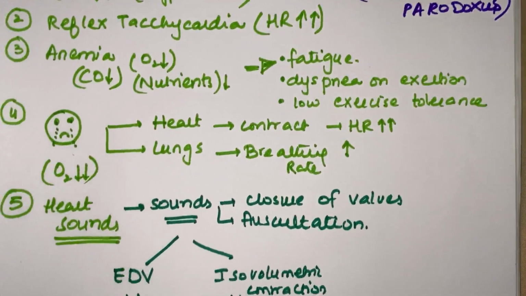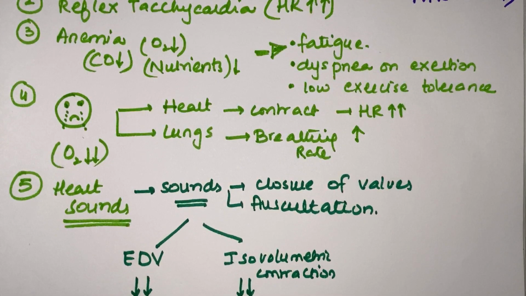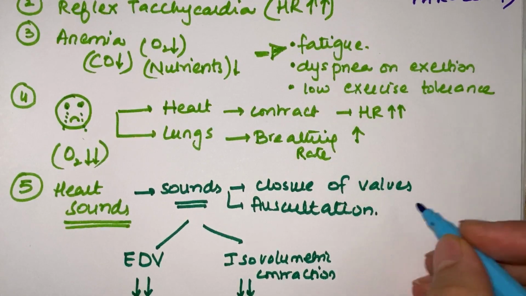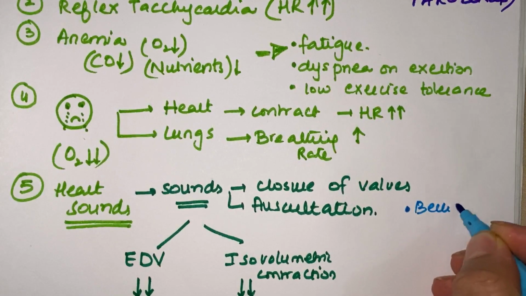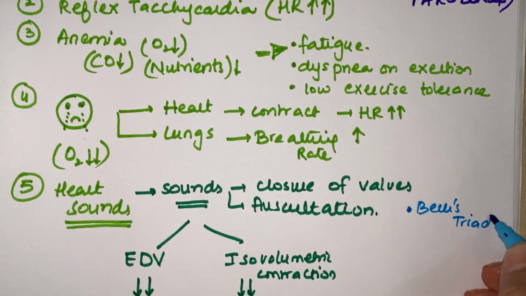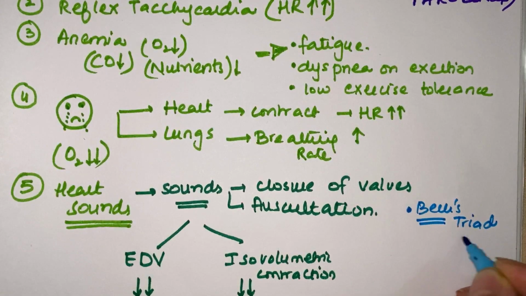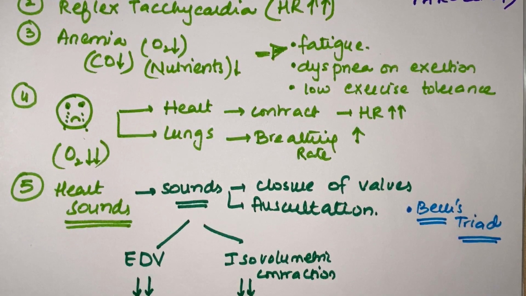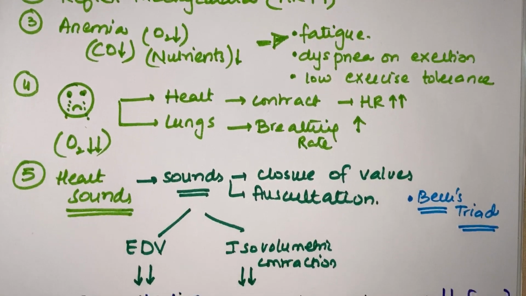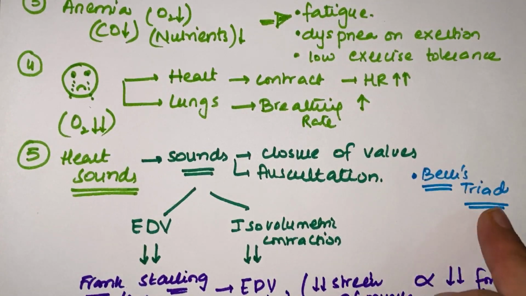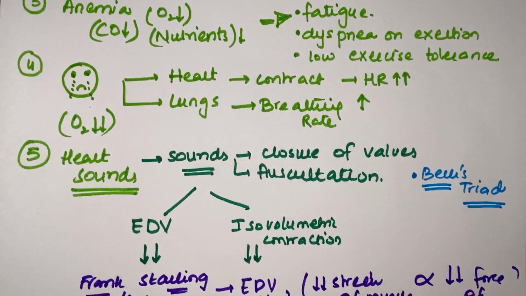Now a very important point here, just a last note to all my discussion, is Beck's triad. Now what is Beck's triad? I have made a full-fledged video on it, so I won't discuss it in detail here. To understand the whole mnemonic and memorize it, I'll share the link in the description box, so please listen to it. What is Beck's triad?